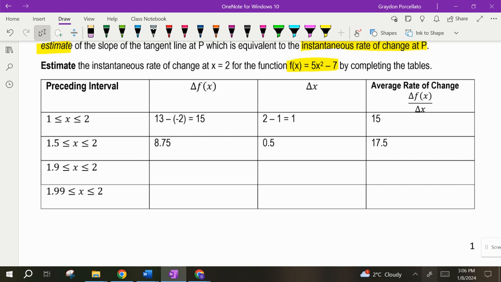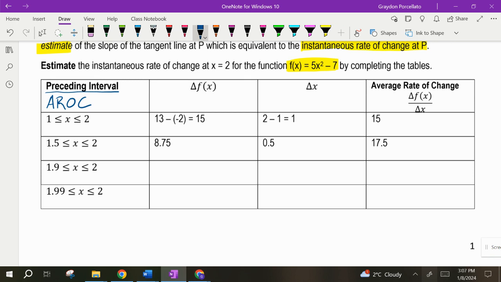On the left-hand side, where it says preceding interval, we're calculating the AROC, which is what we did yesterday. We're calculating the average rate of change between the x coordinates 1 and 2, then 1.5 and 2, then 1.9 and 2, and then 1.99 and 2.